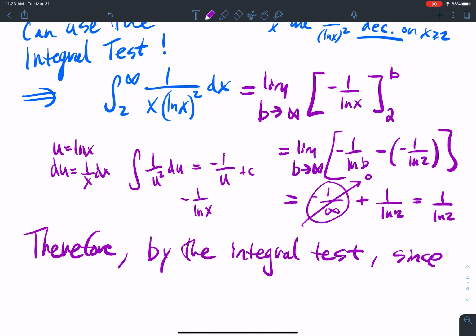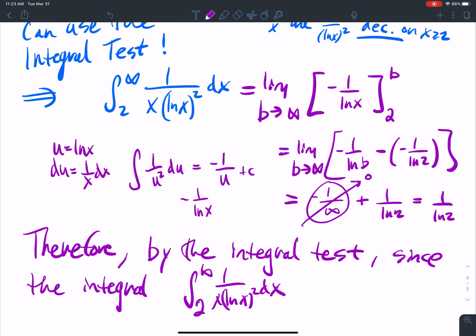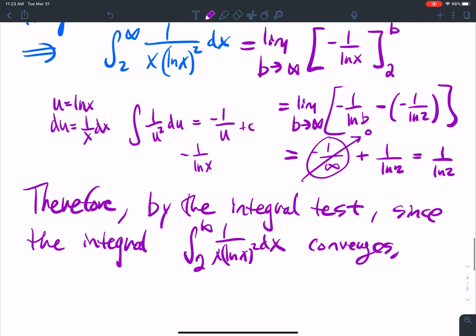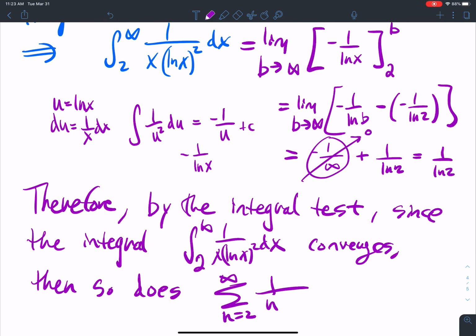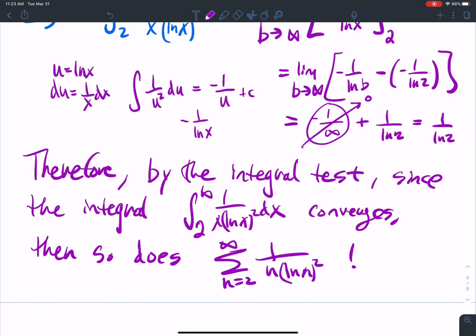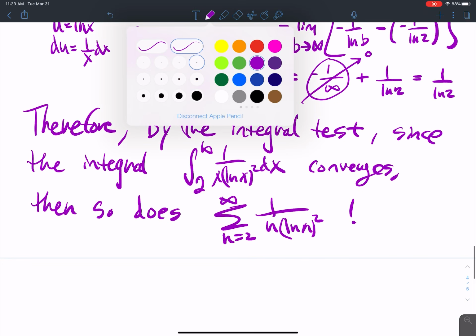Since the integral from 2 to infinity of 1 over x ln x squared dx converges, then so does the series n equals 2 to infinity of 1 over n ln n squared. Okay? Pretty cool, huh?